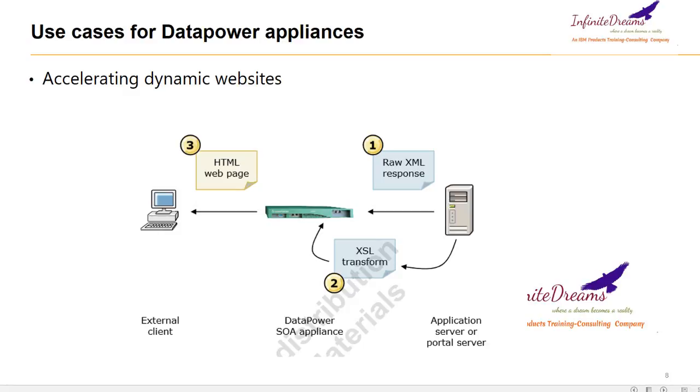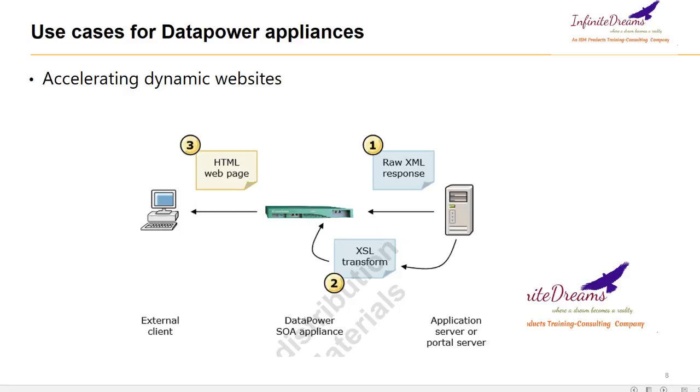Think like that. There is some sort of a mechanism where the server is responding in XML, but Data Power internally converts that XML to HTML. Then on the client side we do not need another conversion from XML to HTML, because Data Power itself has converted that XML message to the HTML message, or we can say XHTML message.